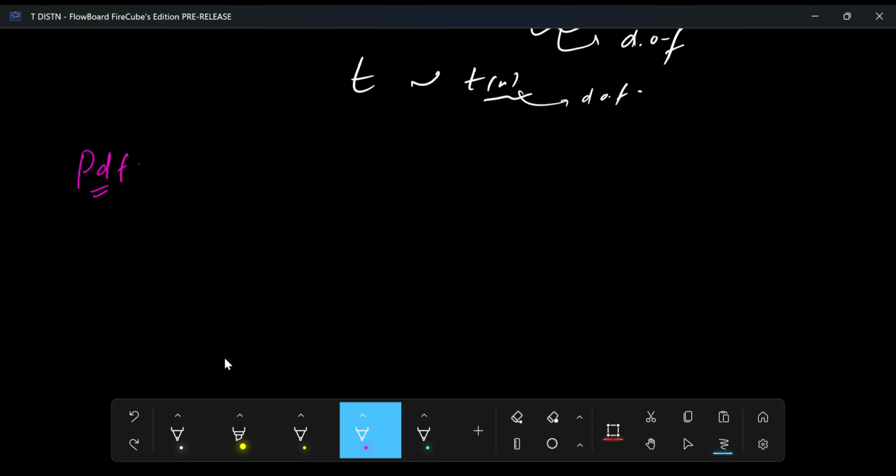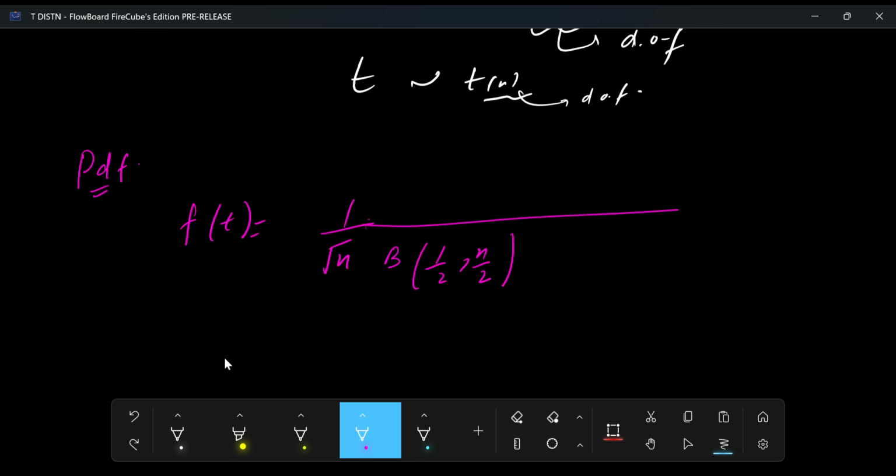PDF of T distribution is f of t is equal to 1 upon under root n beta 1 by 2 comma n by 2, into 1 plus t square upon n whole power minus n plus 1 by 2, and the range of this T distribution is from minus infinity to infinity.